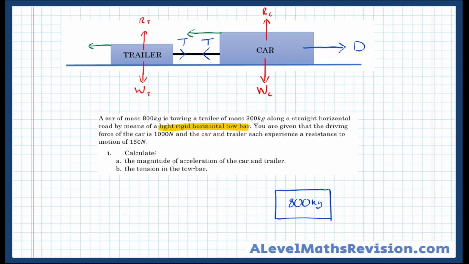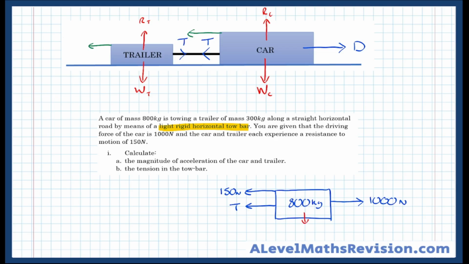And it's got a driving force of 1000 newtons, we're told, and it's being pulled back by the tow bar. We're also told that it experiences a resistance to motion, i.e. air resistance, or it could be friction on the ground also, of 150 newtons. So they're all the forces acting on the car that affect motion.